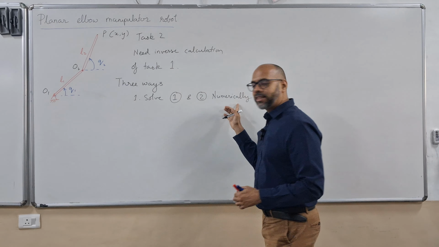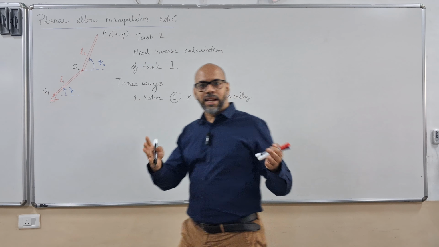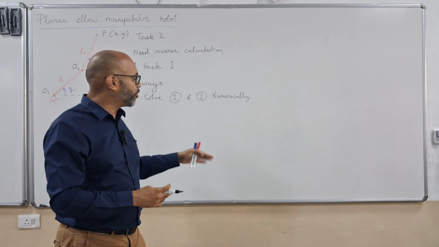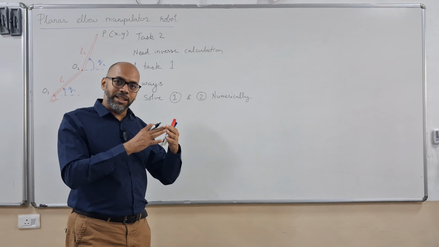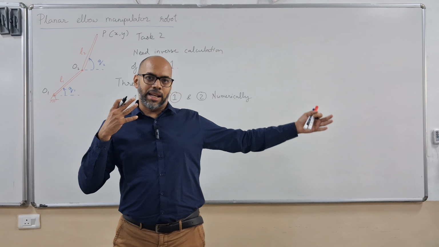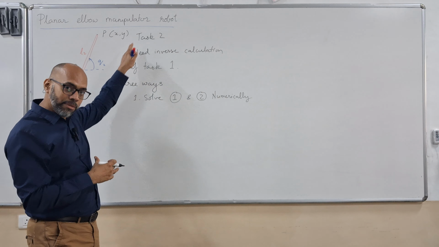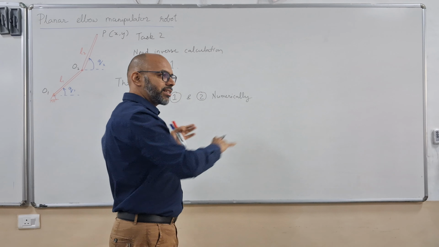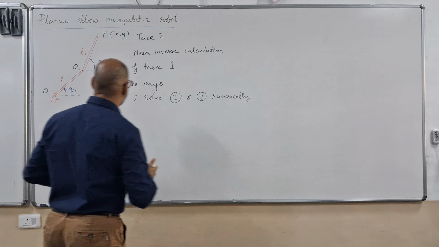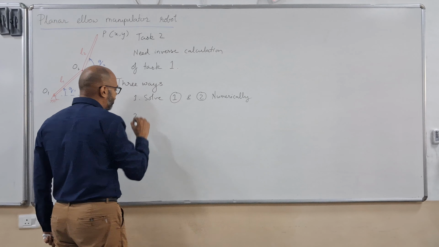So anything that is numerically computationally intensive is not a very elegant solution, especially when you are dealing with relatively long trigonometric relationships. If you had multiple links here, you would have several sines and cosines in those equations. So you can do this, but it's not the best way.